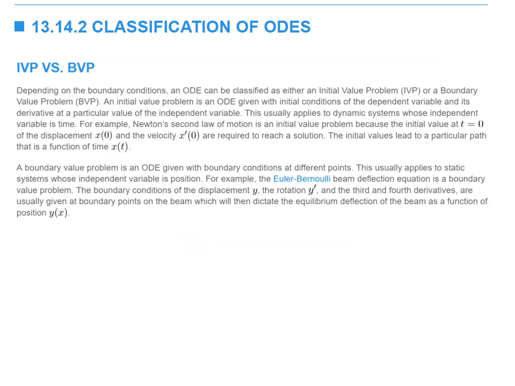Finally, the last classification depends on the boundary conditions. An ordinary differential equation whose boundary conditions are given at the initial values for the independent parameter is called an initial value problem. A boundary value problem is a problem where the boundary conditions are given at different values for the independent parameter.